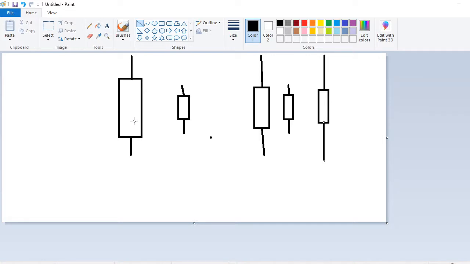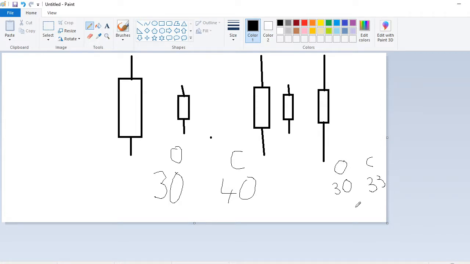Let's suppose the open price is 30 and the closing price is 40, then the difference is 10 points. There is one more candle where the open price is 30 and the closing price is 33. The difference is only 3 points. Obviously, compared to this, the first one has a big body.